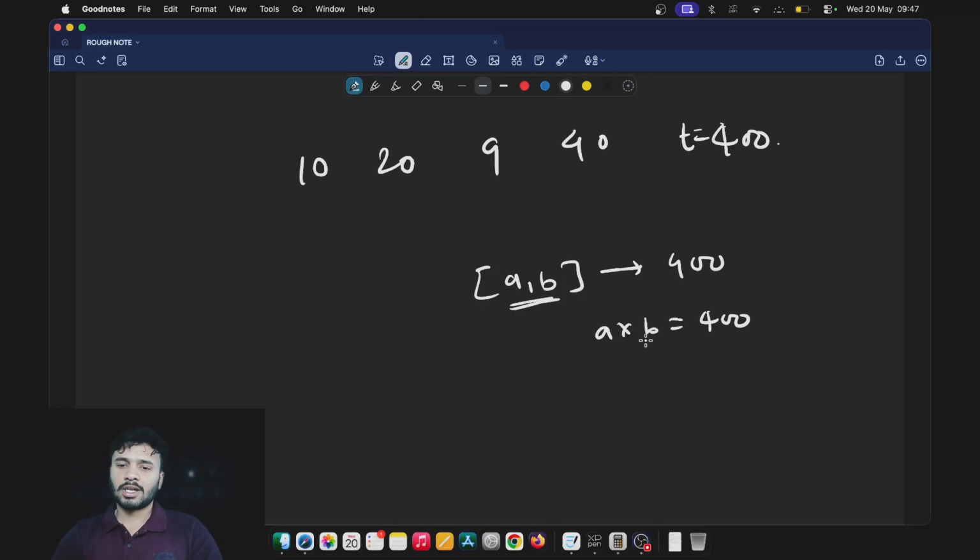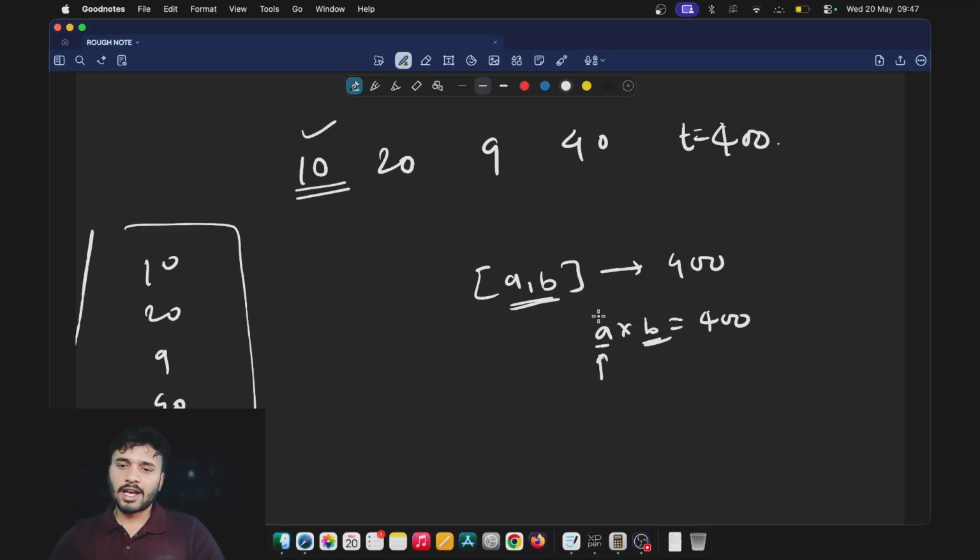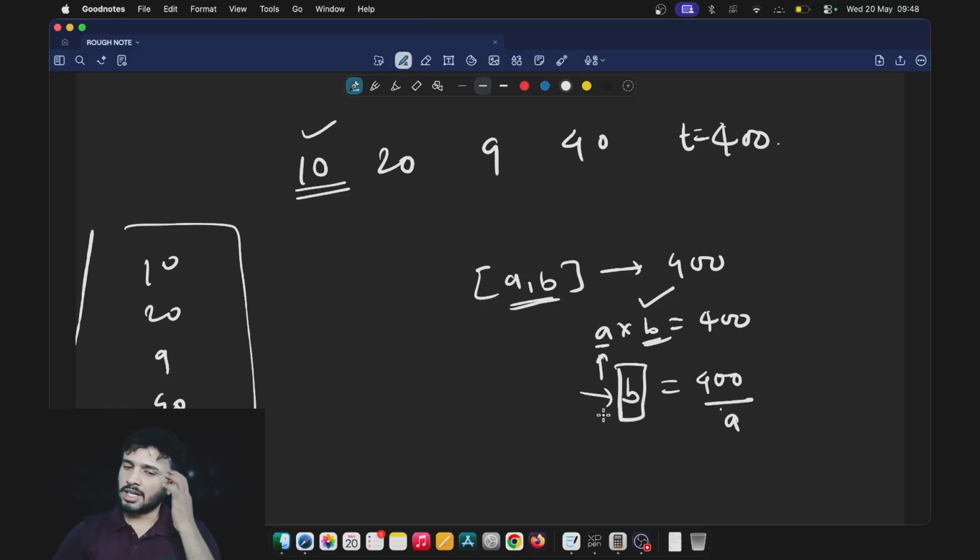So if we put the elements into the hash map, let's say 10, 20, 9, 40, and we traverse for A, okay, for this A, and we need to check whether B is present in the array or not. For that, you can simply do 400 divided by A, which is actually B, right? So we can check whether this B is present in the array or not.